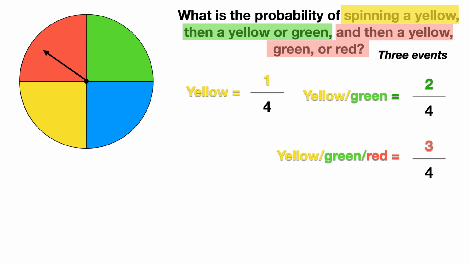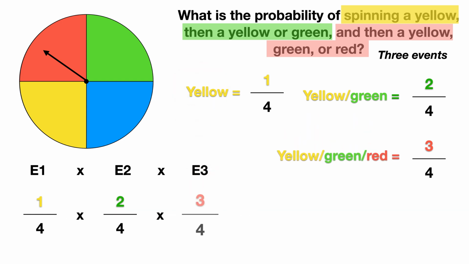So we have our 3 events set up, so let's multiply them. Event 1 is 1 in 4, times event 2, which is 2 over 4, times event 3, which is 3 over 4. Now we can multiply across the top and bottom. 1 times 2 times 3 is 6, because 1 times 2 is 2, and 2 times 3 is 6.